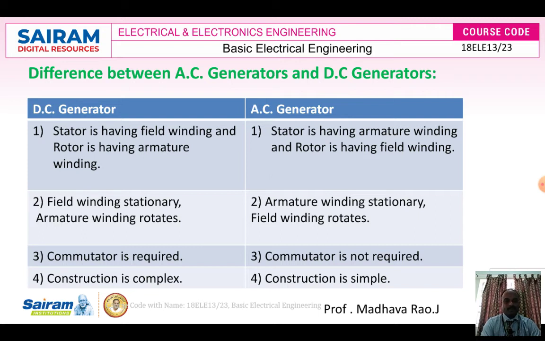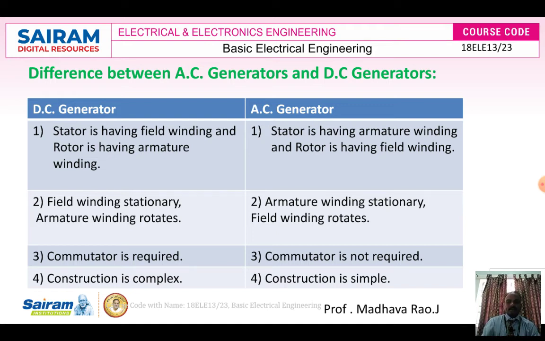In a DC generator, the stator has the field winding and the rotor has the armature winding. The stator is the stationary part and the rotor is the rotating part. In the AC generator it is the reverse: the stator has the armature winding and the rotor has the field winding. So in an AC generator the field winding rotates and the armature winding is stationary.